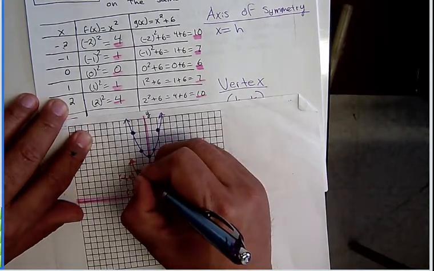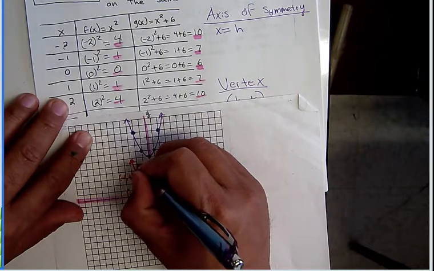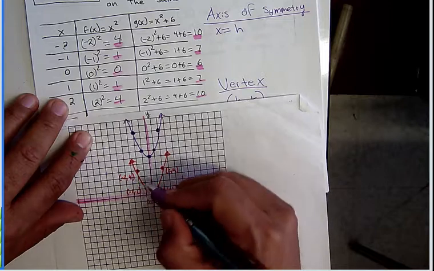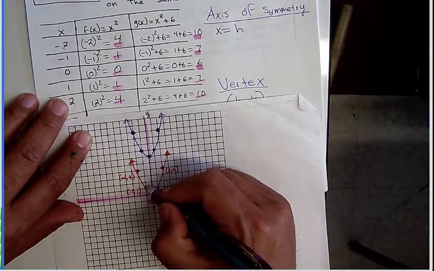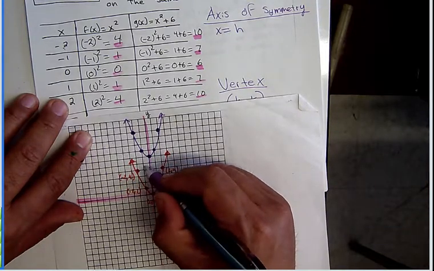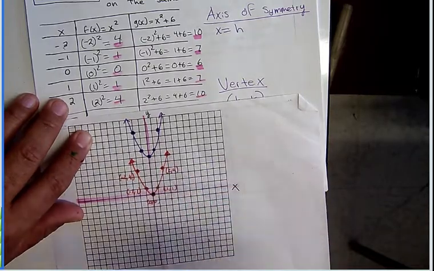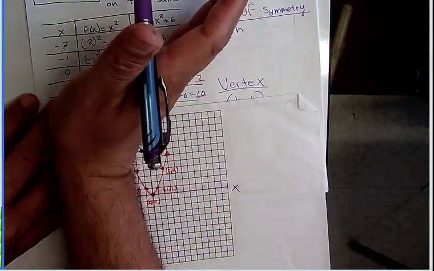If you notice, this dot moved 1, 2, 3, 4, 5, 6 units up. Any dot to its corresponding one is 6 units up. This one, 1, 2, 3, 4, 5, 6. So everything moved up 6 units.